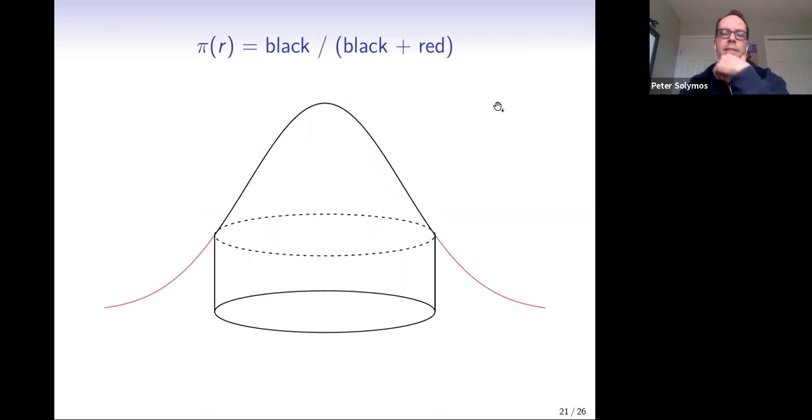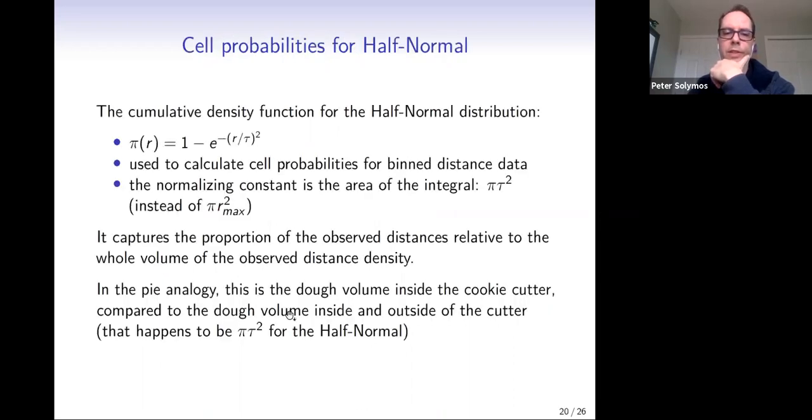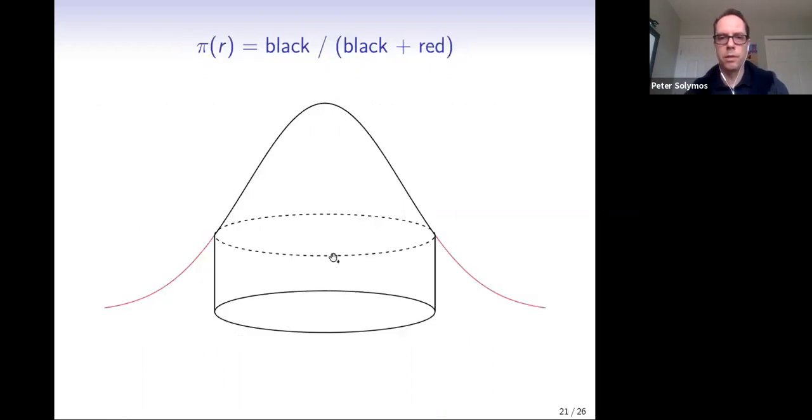So now the next thing we're talking about is we have this volume of the pie, which is this tau squared times pi. And now we put a cookie cutter around it.